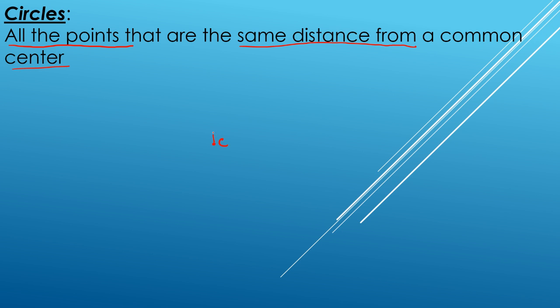And here's 5 feet away from C. So here's the point that's 5 feet away from C. But what about 5 feet in the other direction? So here's another point that's 5 feet away. What about 5 feet in this direction? If you were to collect all those points that are 5 feet away from your common center, it creates, and look, my picture's not perfect, it creates a circle.